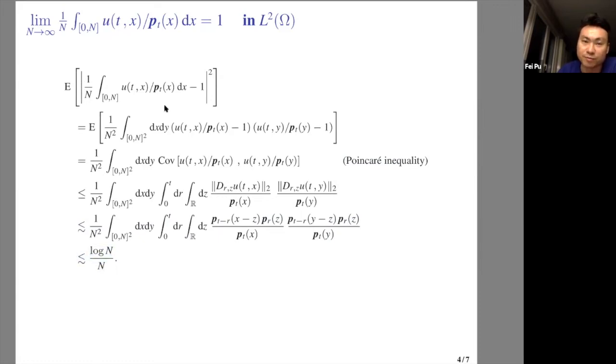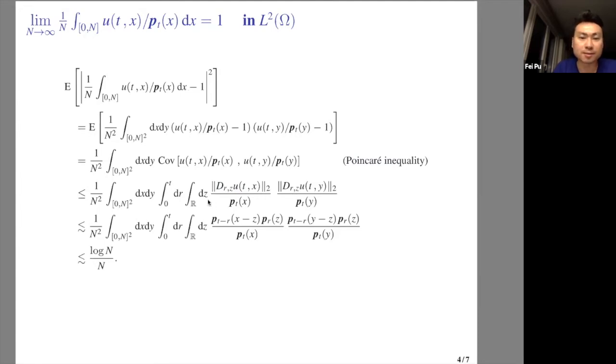This proves the convergence in L2, which gives us the law of large numbers. So you see, the main elements are the Poincare inequality and the estimate of the Malliavin derivative of the solution. For ergodicity, the proof is similar. We still use Poincare inequality and the estimate on the Malliavin derivative of the solution. In the end, we can still compute the covariance, and that gives us ergodicity.